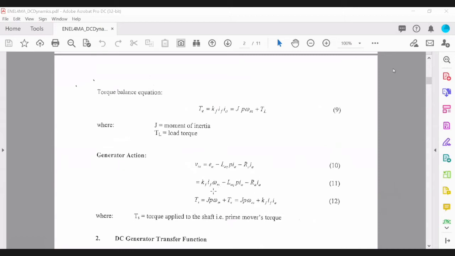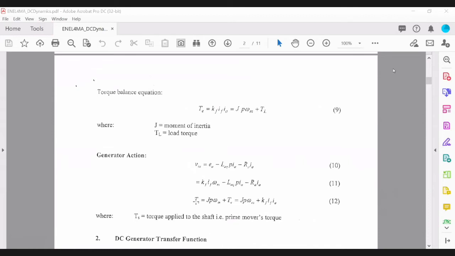We replace EA by this part here, equation 5, and you can write the total applied torque to the shaft of the generator as J d omega m by dt plus TE, which is your electrical torque of the generator. So that's your generated electrical torque. If you're applying mechanical torque, that will be your Tm here.